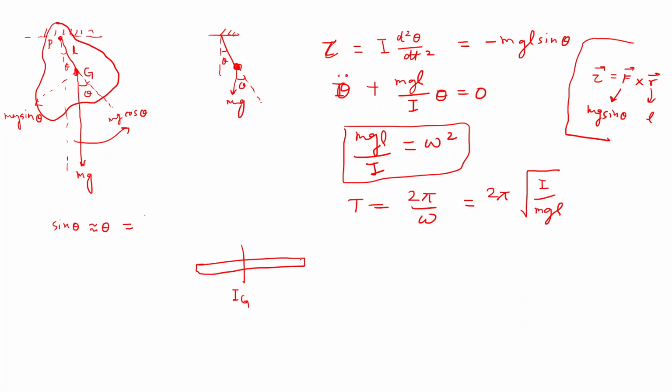From the parallel axis theorem, we know the moment of inertia from its one end will be Ig plus the mass of this body and the distance between these two axes L, square of this. This will be the moment of inertia passing through this axis of rotation.